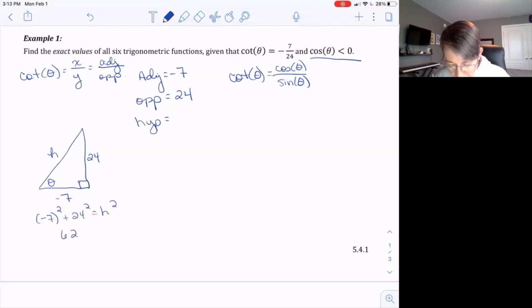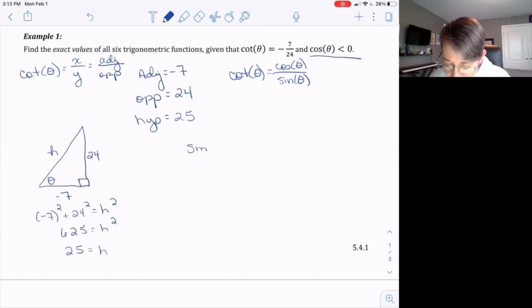The left side is 625 equals h squared. Take the square root of both sides, and we get a hypotenuse of 25. What we're doing here is no different than using the y over r or the x over r. The only difference is we've given the sides different names: opposite, adjacent, and hypotenuse instead of x, y, and r, but it's still the same theory.